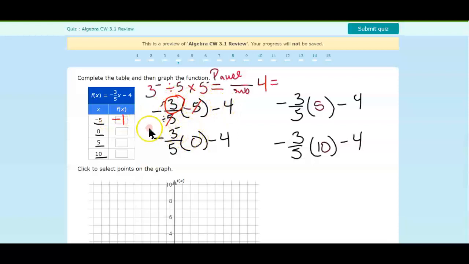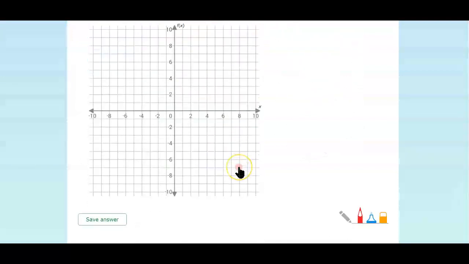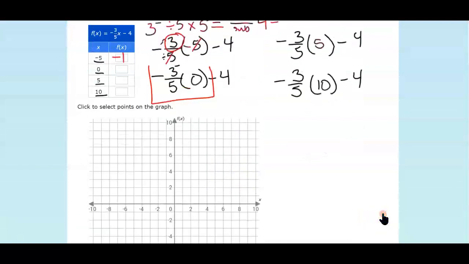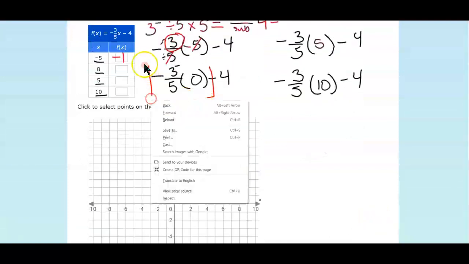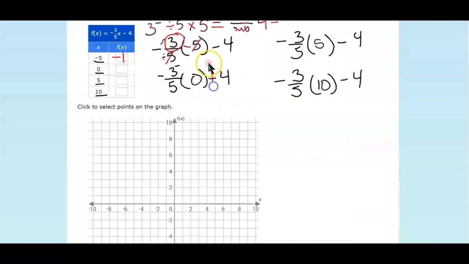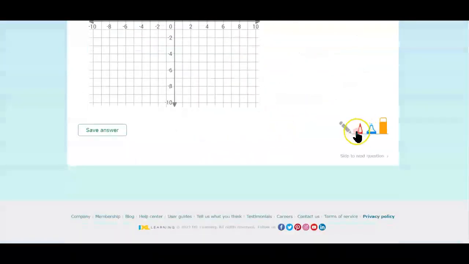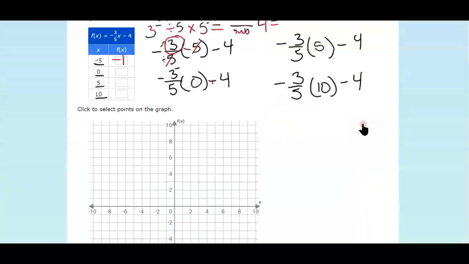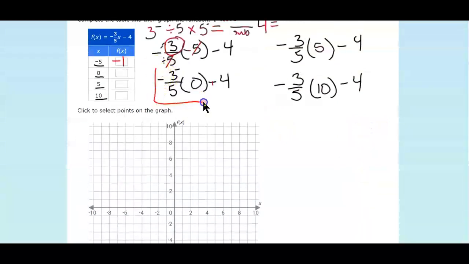In this case, anything times 0, oops, I'm a little too far there. Let's grab our eraser. Anything times 0 is 0. 0 minus 4 is negative 4.